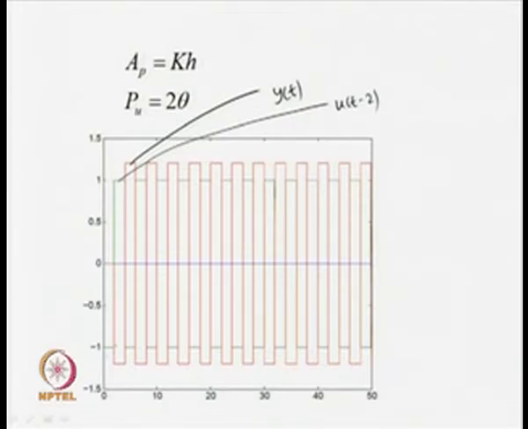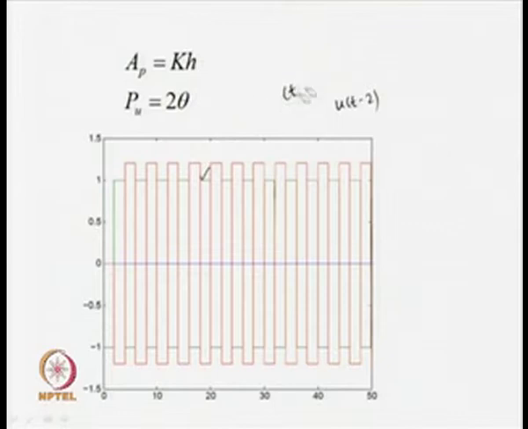Otherwise, when the input is going negative, the output should have gone negative, and when the input is going positive, the output should be positive, but we find the output negative. That is happening because of the time delay.